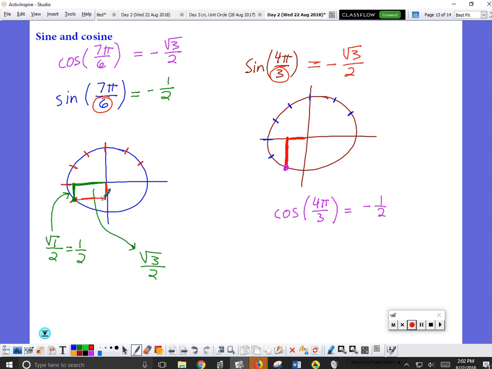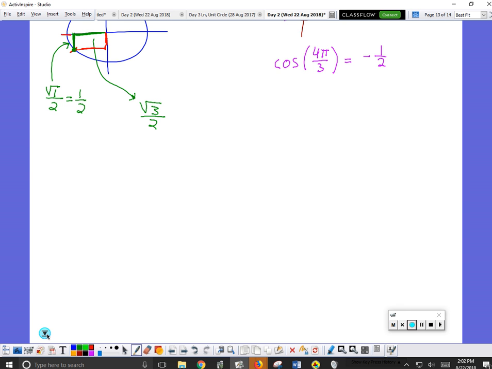Cool. Let's do a couple more just to make sure. So if I go, let's see, cosine, we'll do 7π/4. So I think of a circle. That's a good circle.